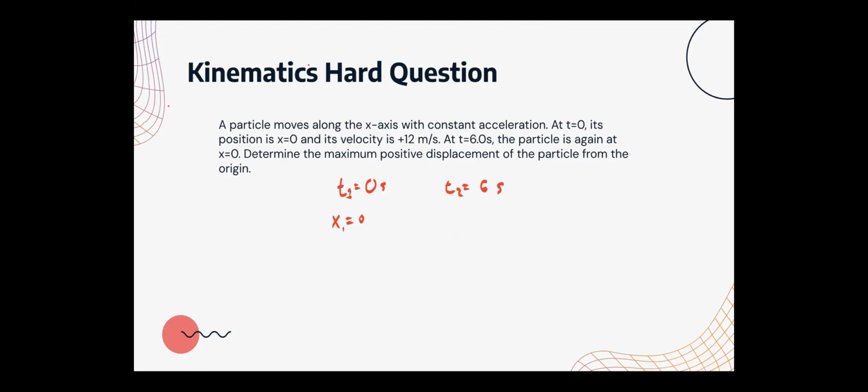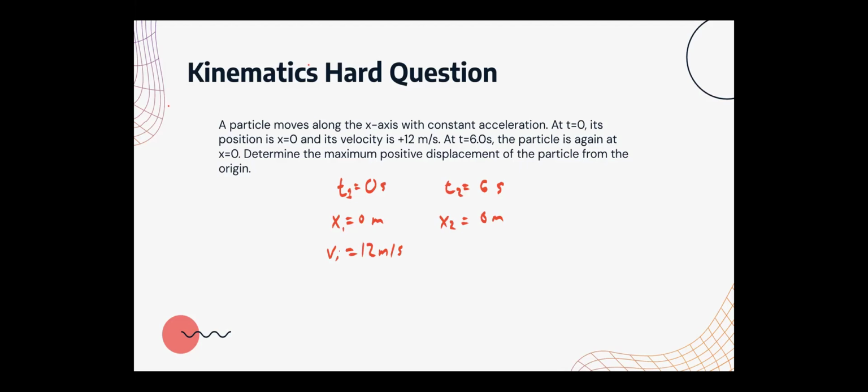I'll put my units in there. And we get x sub 2 equals 0 meters again, correct? And the initial velocity is 12 meters per second. We have all our variables.